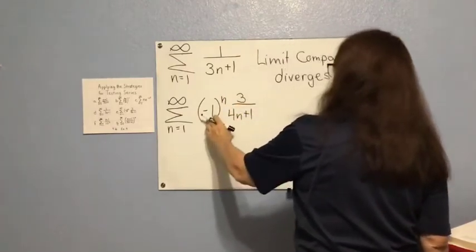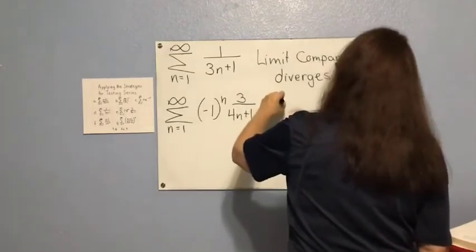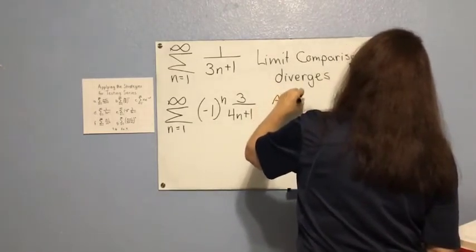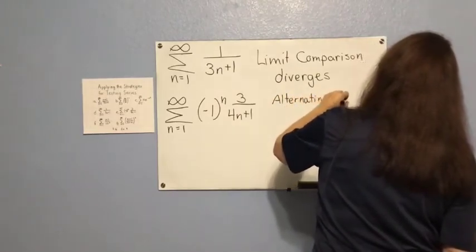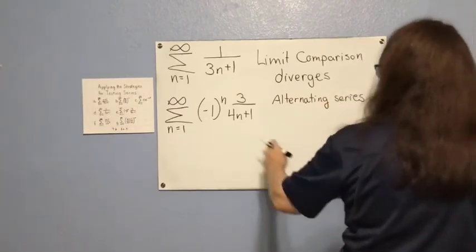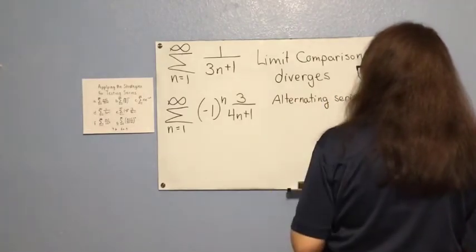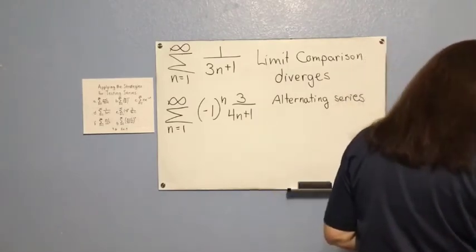Okay, that negative 1 to the n power tells me that this is an alternating series. Okay, and the nth term is going to approach 0 since I've got the n in the denominator.